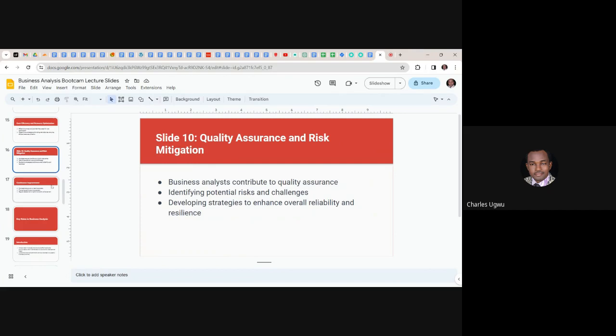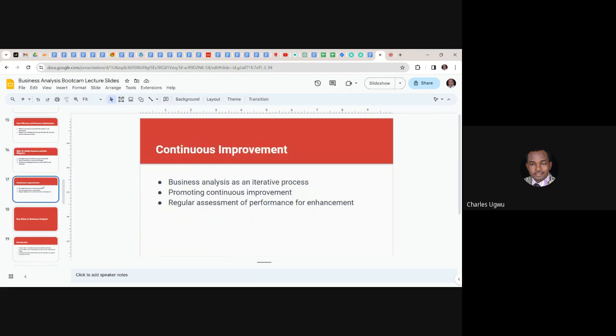And continuous improvement. All these applications we are seeing are a continuous improvement. Even if we deploy, you find out these applications are always having regular updates.